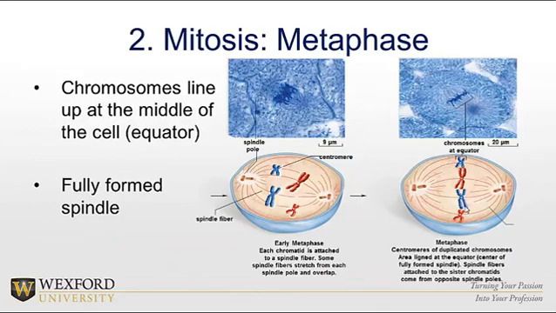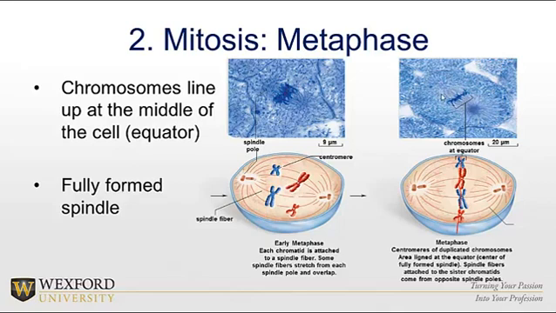Then we move to metaphase. Now, this is when we actually line up those chromosomes. The ultimate goal of metaphase is to get along the center line here, right down the center. And in fact, that center is called the metaphase plate, along the equator of the cell here. And by the time we get to the end of metaphase and we have our metaphase plate, once again, you can see it really well up here.